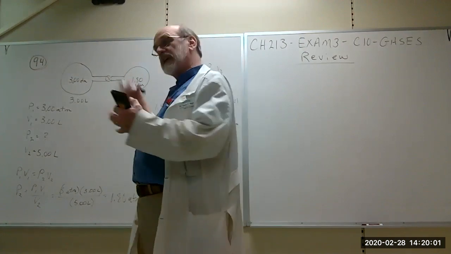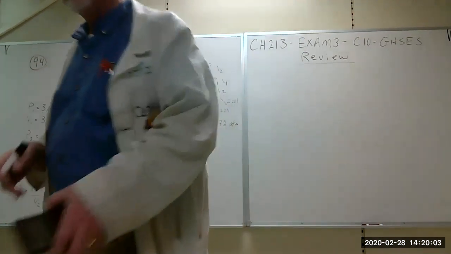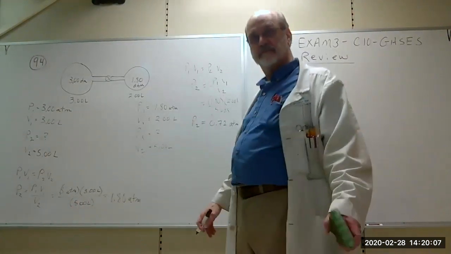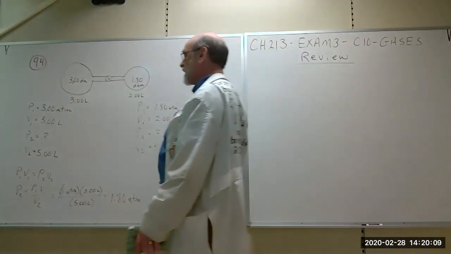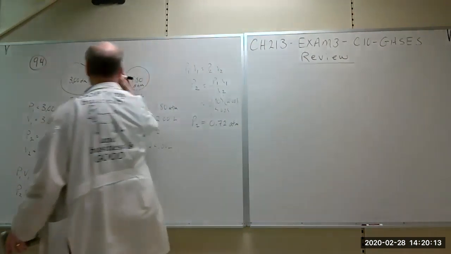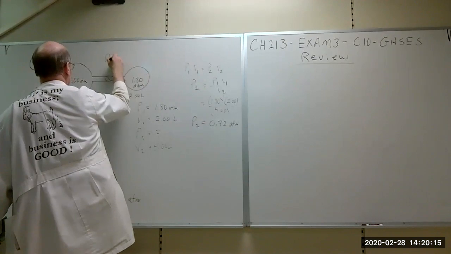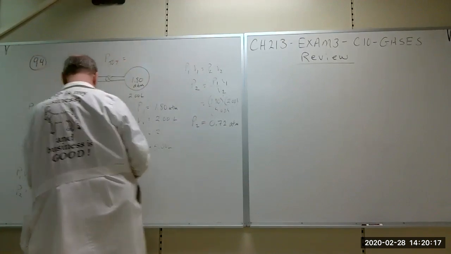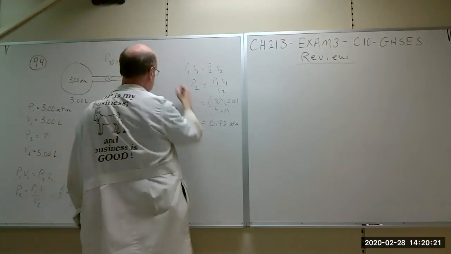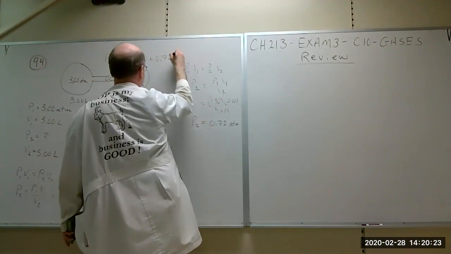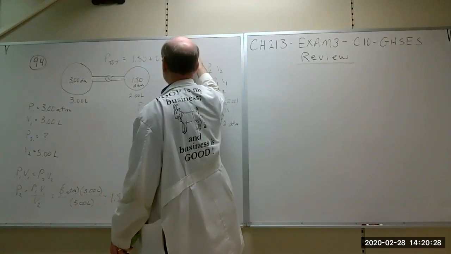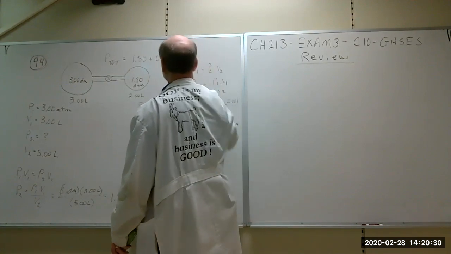Now that we know what each one of them contributes, we use Dalton's law of partial pressures. Because Dalton says that the total pressure is just the combination of the two. Right? So the total is equal to 1.8 plus 0.72, which is 2.52, right?